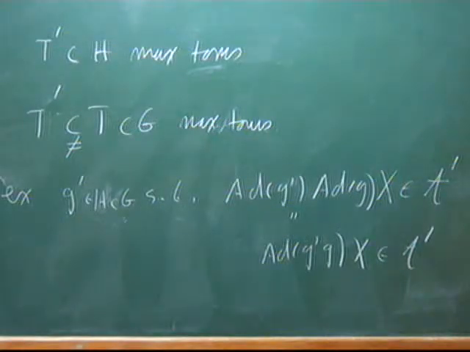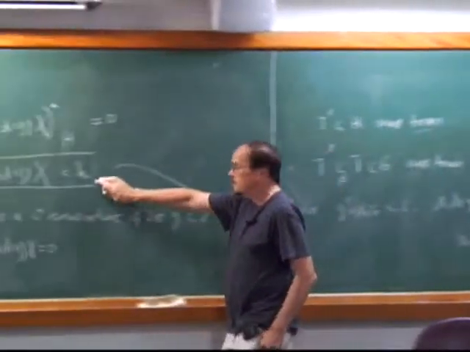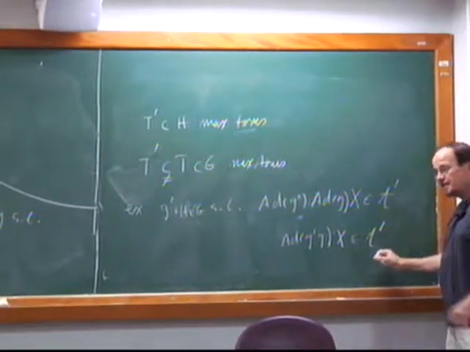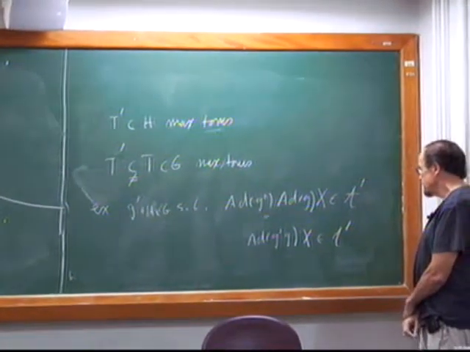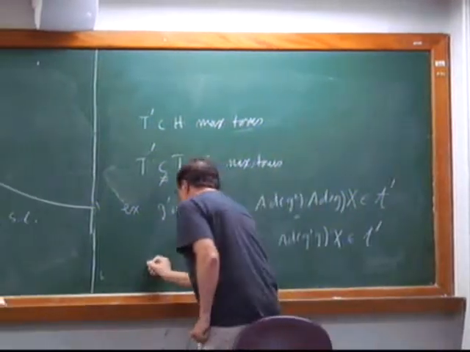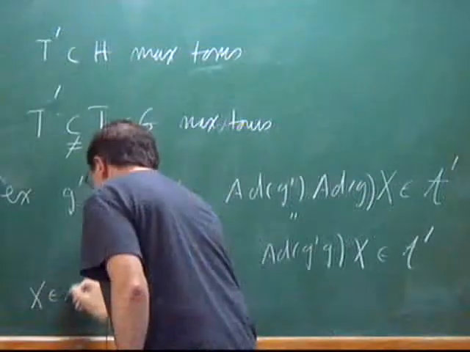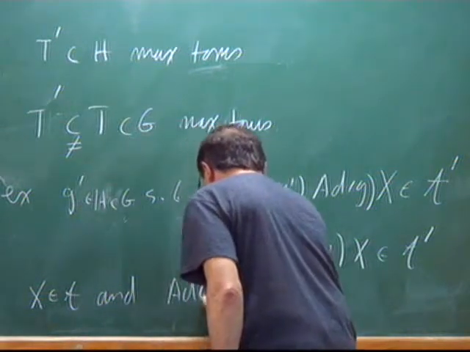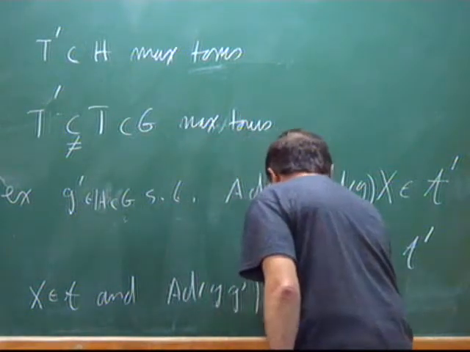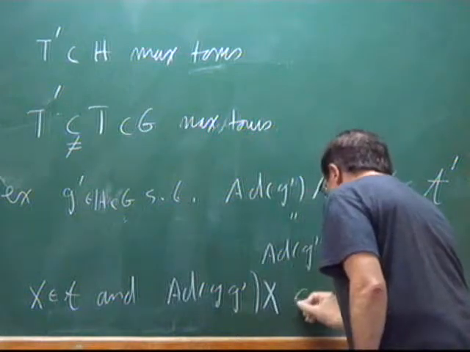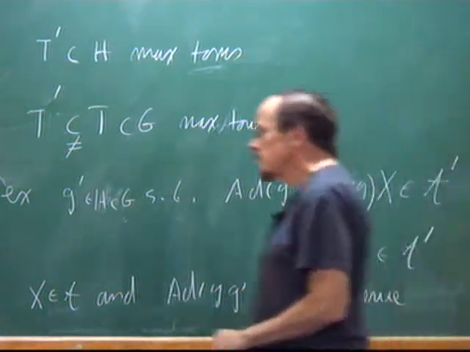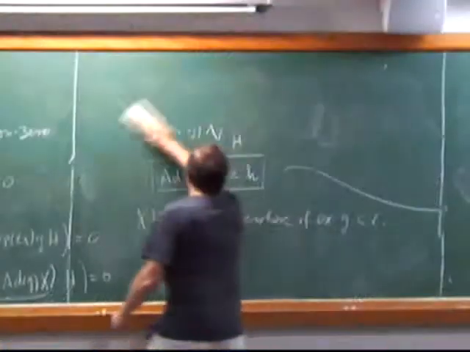I want to exclude that. That's what a 0 looks like. This is what I don't want. So I don't want that some conjugate lies in T prime. But X, I choose X in T. So X and Ad g prime X both lie in T. And hence, there exists an element of the Weyl group that takes you one to the other.